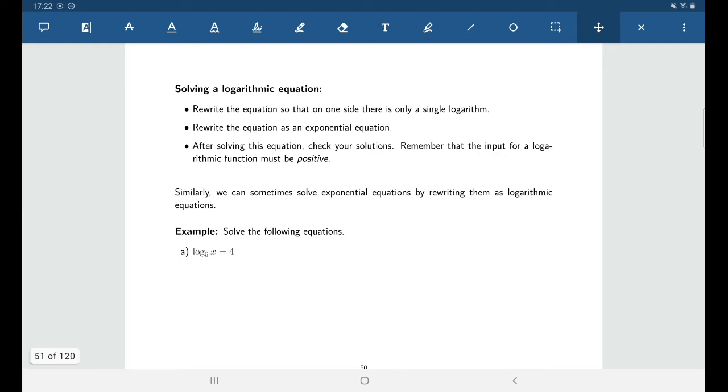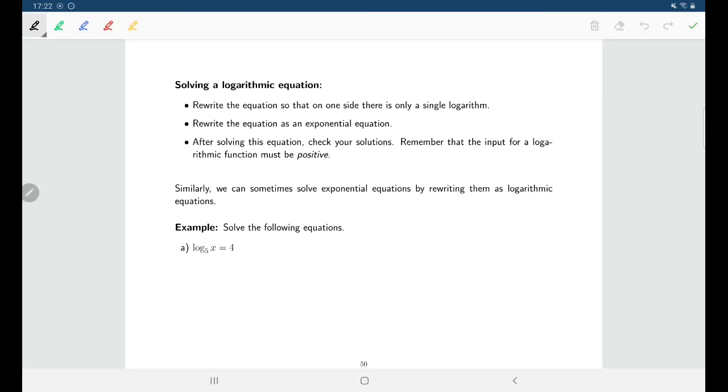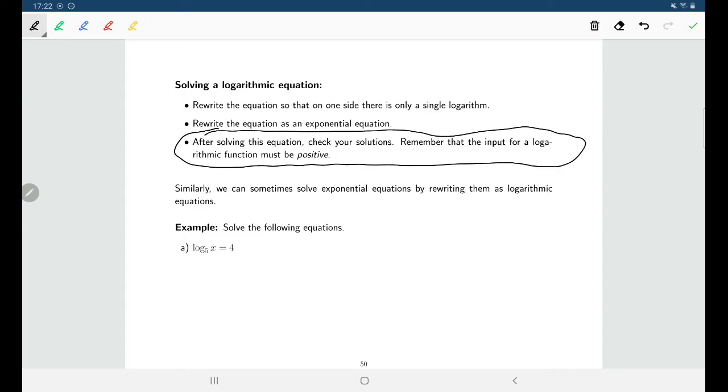So that's a key idea here, using an exponential function to solve a logarithmic equation. We can rewrite something that was logarithmic as something exponential, and that can be a way that we'll be able to solve an equation. The one thing that we need to be careful about here is, just like with radical equations, where you could wind up with an extraneous solution, it's also true with logarithmic equations that you could wind up with an extraneous solution.